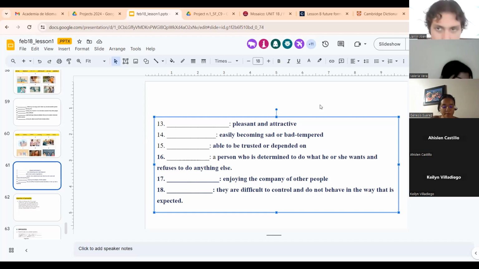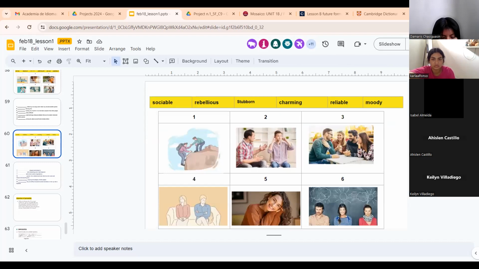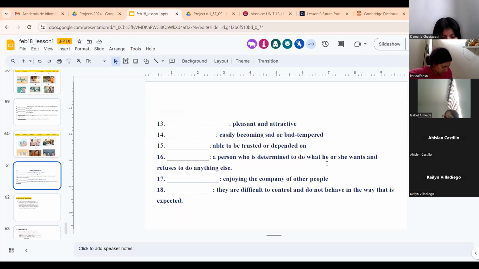Joan, 16. Enjoying the company of other people. Can I see the words, please? It has to be sociable. Yes, that was sociable. Enjoying the company of other people. Carla, 18.